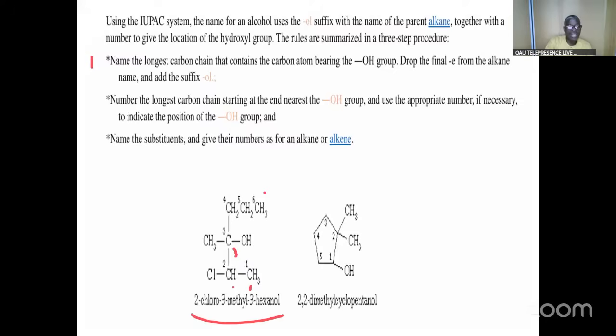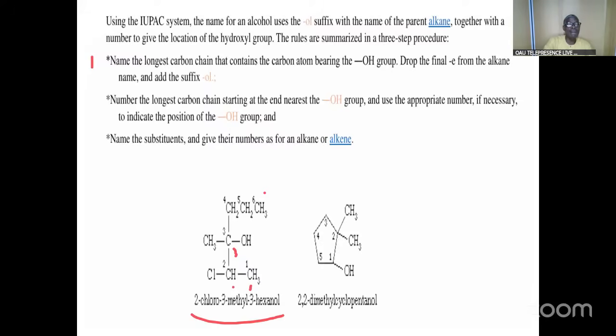On carbon 3, we have OH, and on carbon 2, there is a chlorine substituent. So the name will be 2-chloro-3-methyl-3-hexanol. You remove the E of hexane and put OL. So it now becomes 2-chloro-3-methylhexan-3-ol. You can say it is 2-chloro-3-methylhexan-3-ol, or 2-chloro-3-methyl-3-hexanol. You are correct.